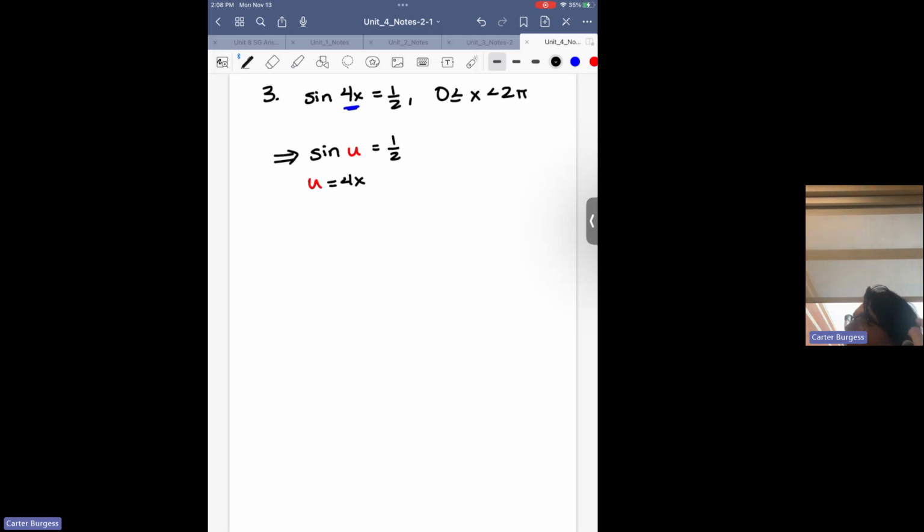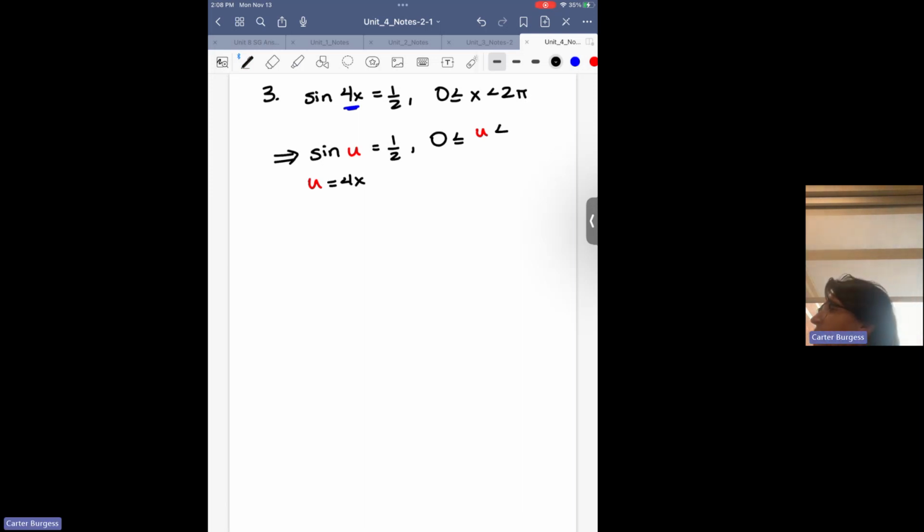If the lower bound for x is 0, then what is the lower bound for 4 times x going to be? It's also going to be 0, yeah. So u, the lowest u can become, is 0.